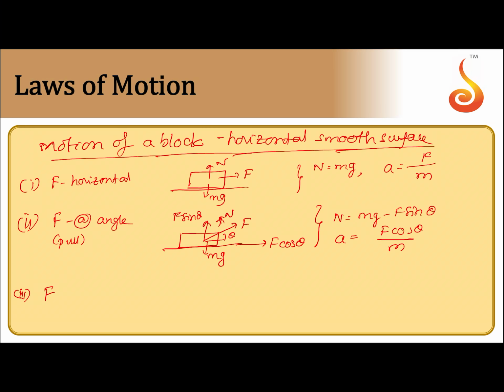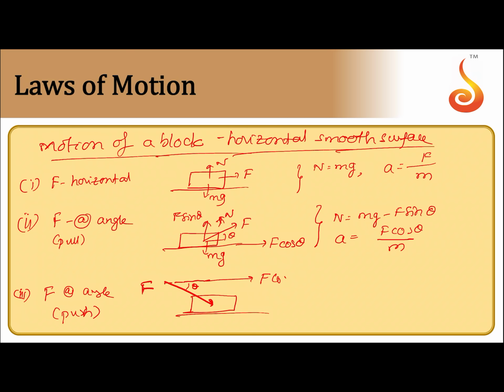So now let us consider a force at an angle, but this time it is a push. So I am exerting a force F along this direction. It is a pushing force, such that with horizontal the angle is theta. So what are all the forces again?